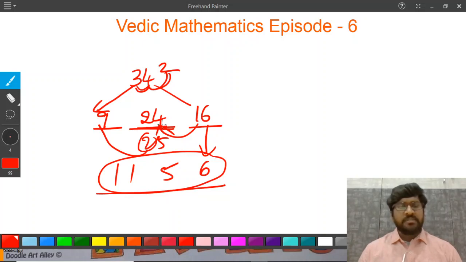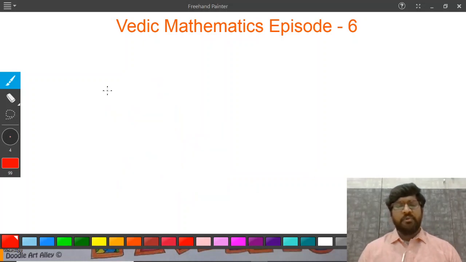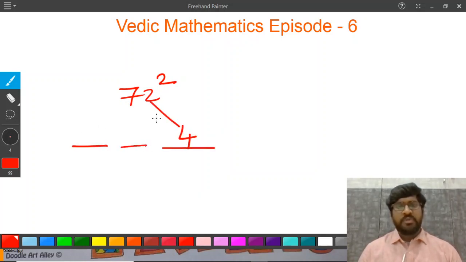Have you noticed I applied the same (a plus b) whole square? This is a square, this is b square, this is 2ab. Now if you want to find, let's say, the square of 72, 3 places, 2 square 4, since 4 is a single digit number, write it as 04 because it should always be a 2-digit number.